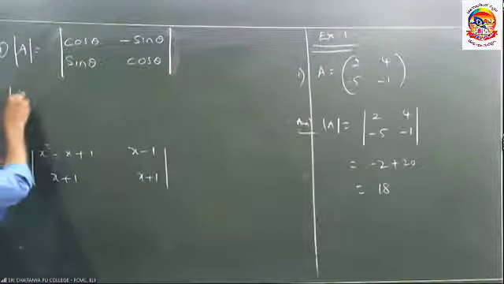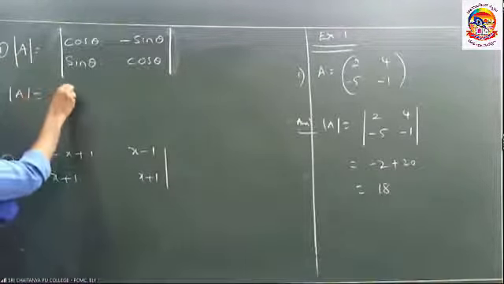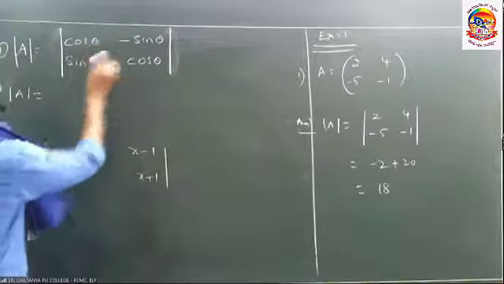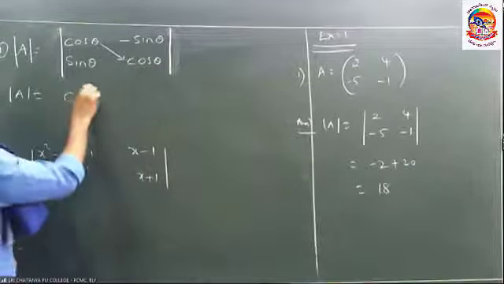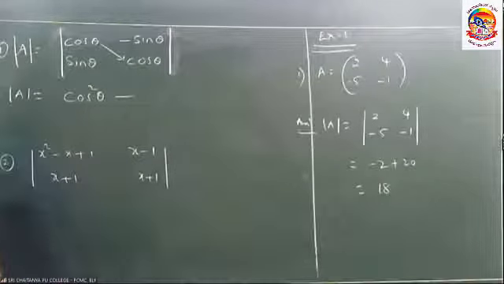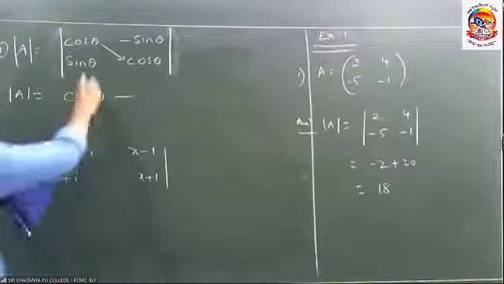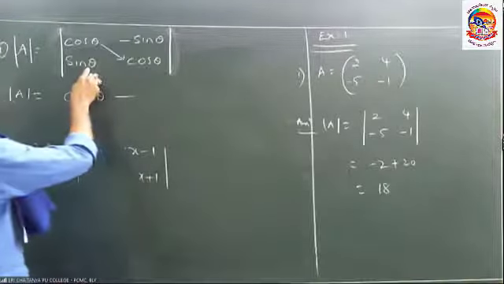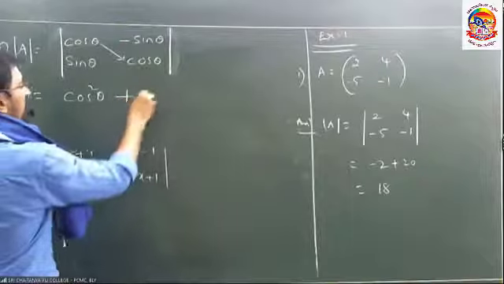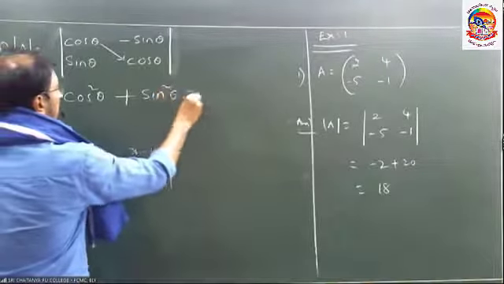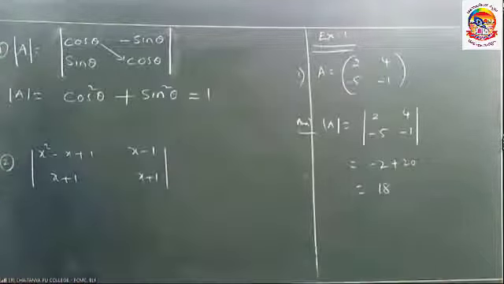And det A value is equal to, observe, A, B, C, D: AD means cos square theta, minus BC, sin theta into sin theta, sin square theta into minus, that is plus sin square theta. That means cos square theta plus sin square theta is equal to 1.